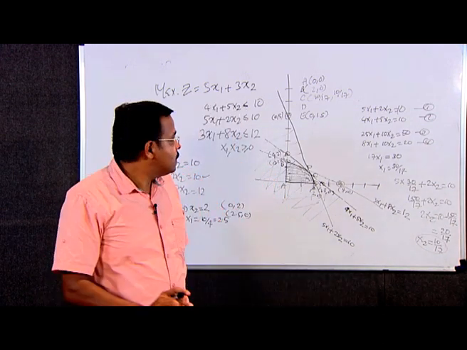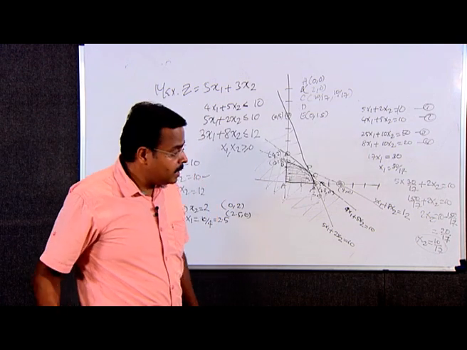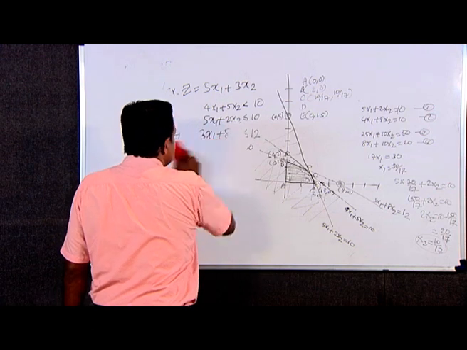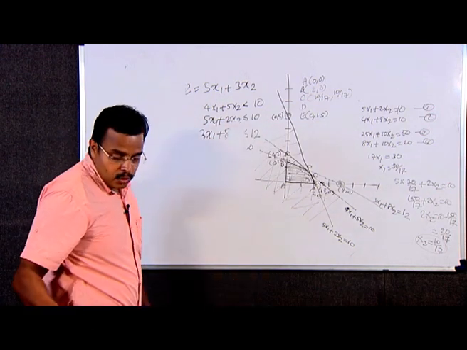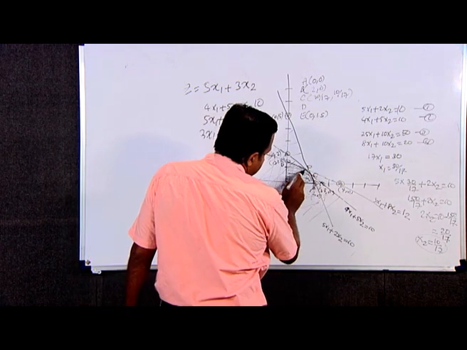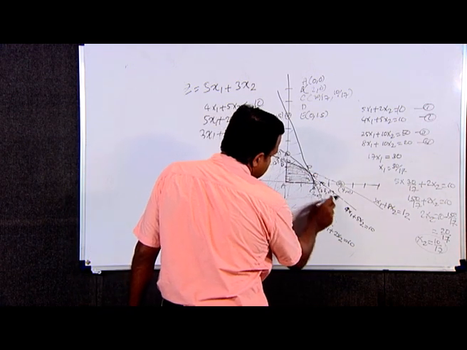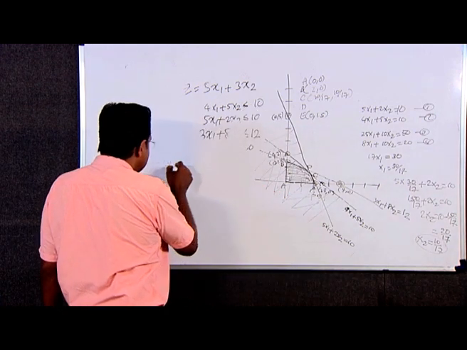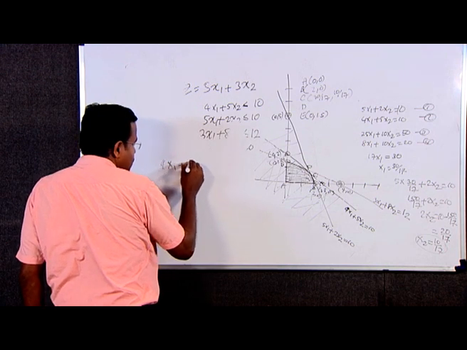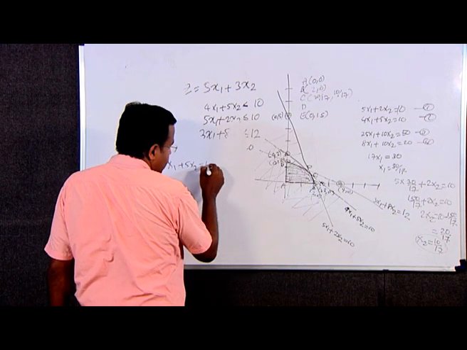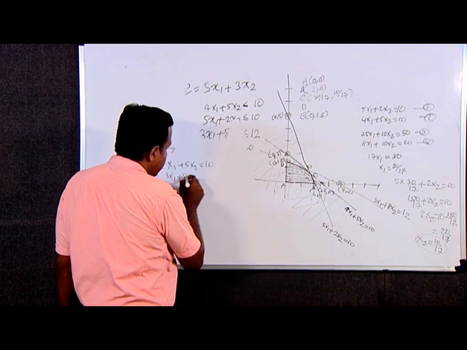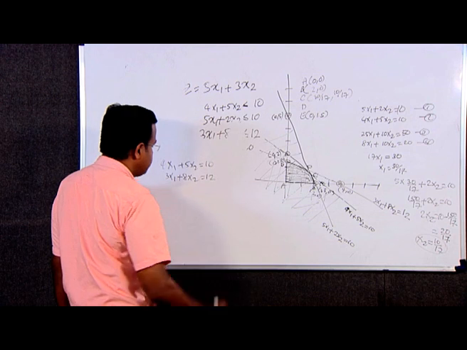Similarly, you want to identify the value of the coordinate D also. To get D, it is to solve the two straight lines, they are 4 x1 plus 5 x2 equal to 10, and 3 x1 plus 8 x2 equal to 12.